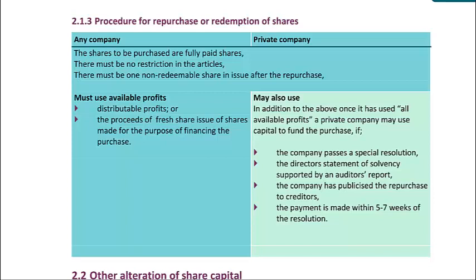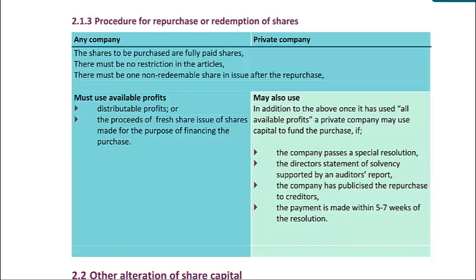A PLC, a public company, must only use what we call available profits. And this is broadly distributable profits that you can use to pay a dividend. And also if you've issued a fresh share issue, just to raise the funds in order to finance this repurchase. So perhaps you're buying back the shares of one director and issuing shares to a new director who's joining the company.